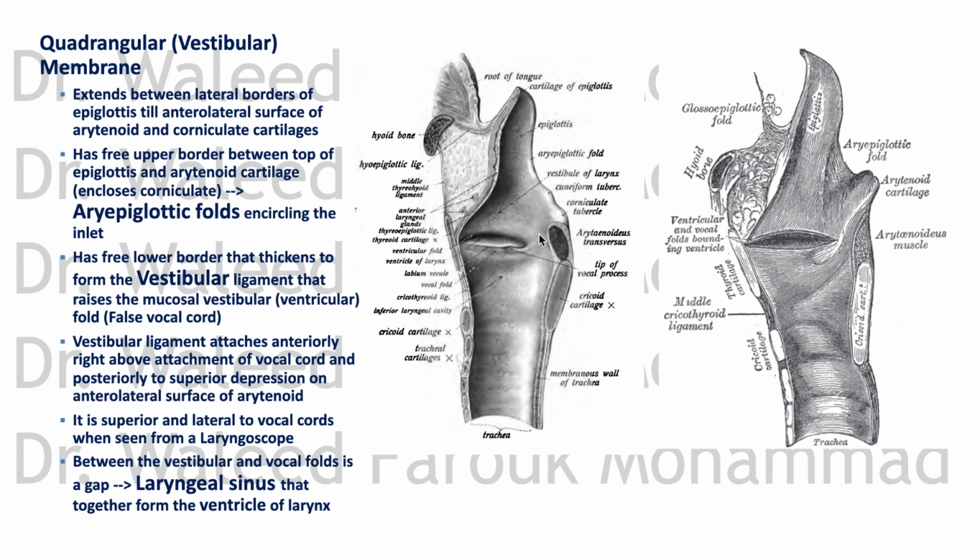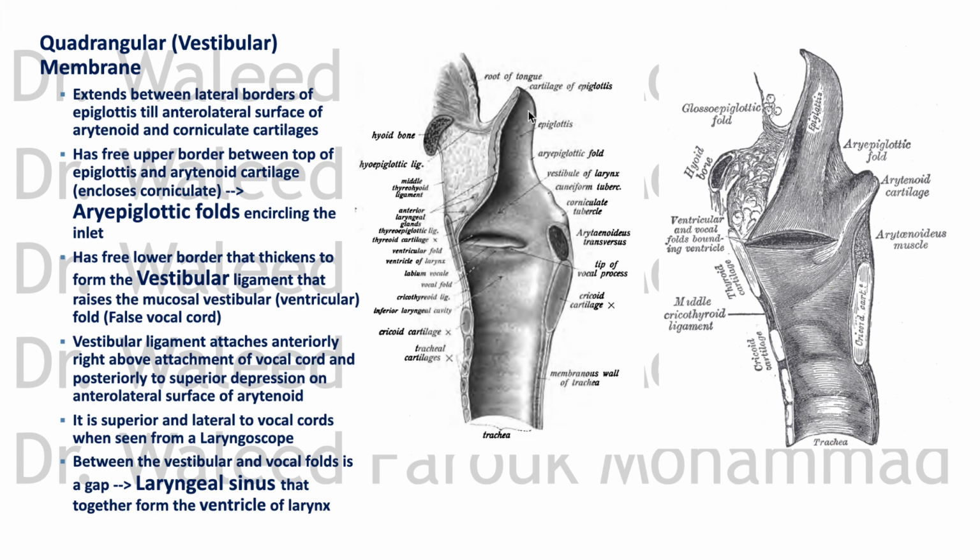We talked about this. We said that there are two depressions on the anterolateral surface of the arytenoid. The superior one for the vestibular membrane and the inferior one for the vocalis muscle, right? The superior one attaches the false vocal cord or the vestibular fold.